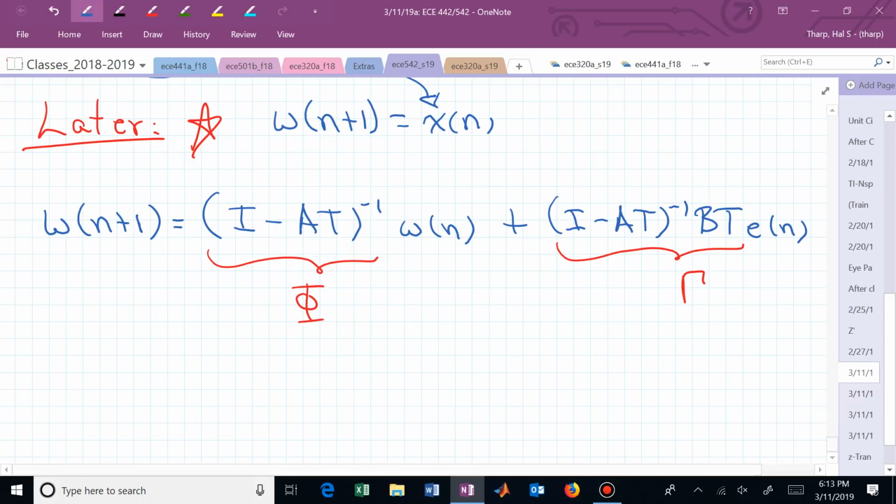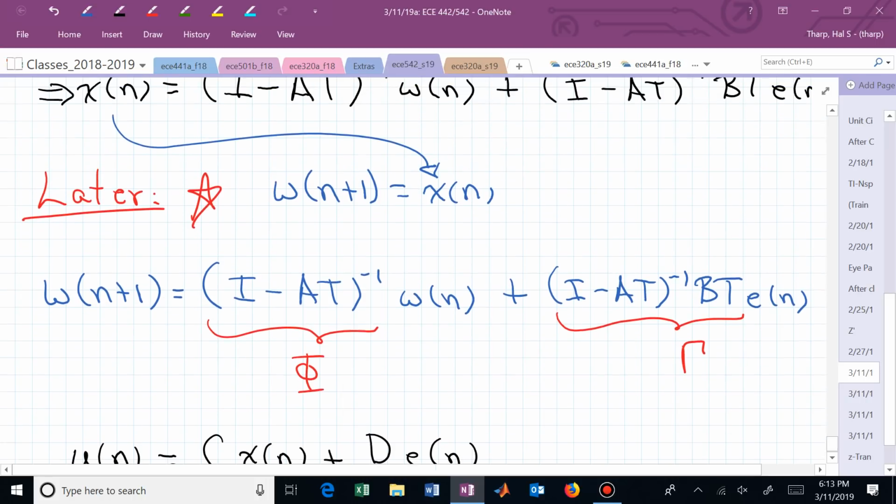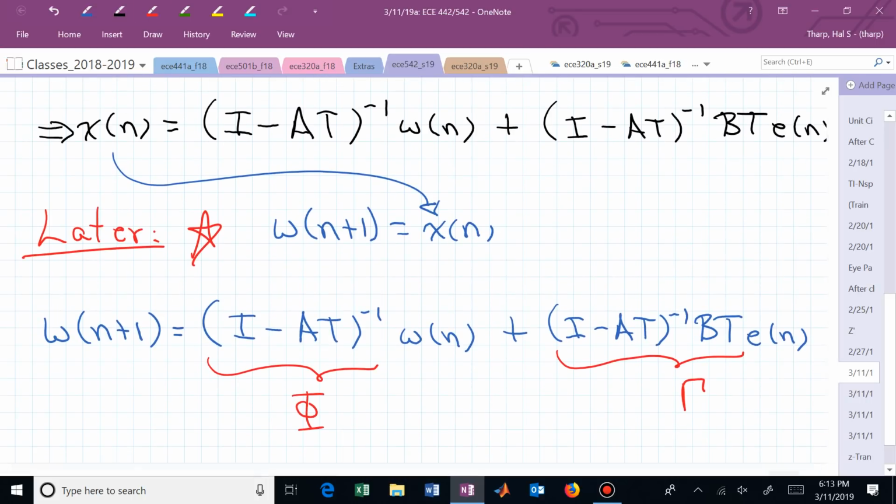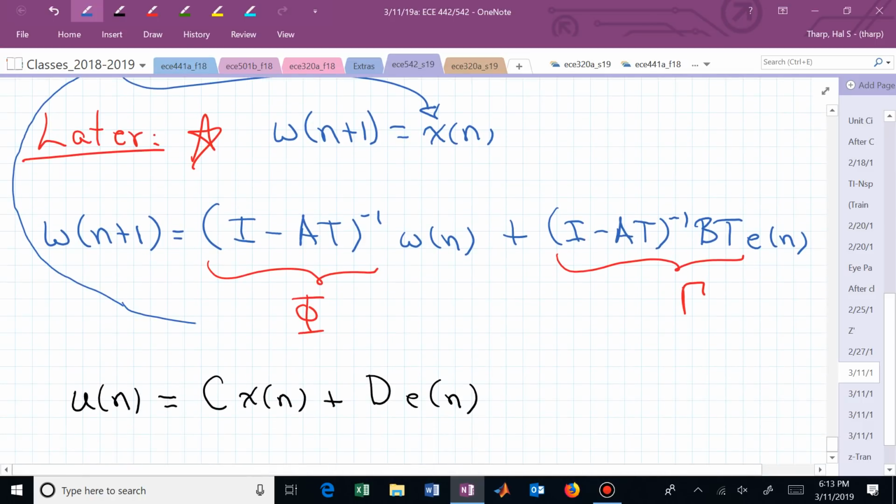What about my output equation? U of n is C x of n plus D e of n. But I have a way of replacing x of n with my vector in my state space representation, which is w of n and e of n.